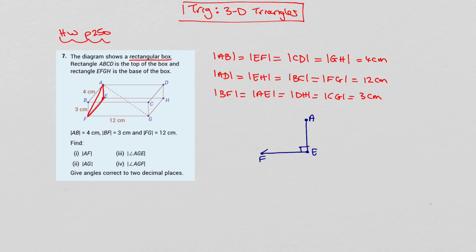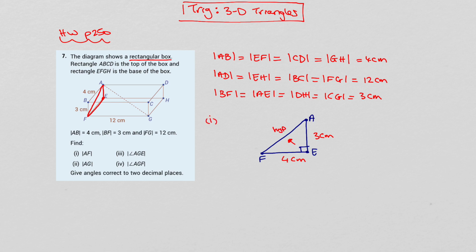So they're connecting A to F. It must be the hypotenuse in this right angle triangle. Now, we've already established that AE is 3 centimetres because it's the height of the box. I know that EF is 4 centimetres because that's the width of our box. And therefore AF is opposite the 90 degrees. Therefore that is the hypotenuse in the right angle triangle.